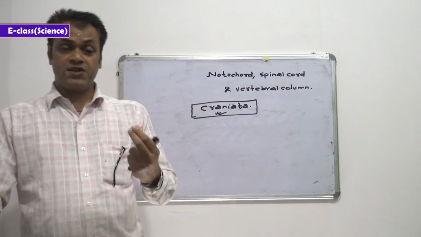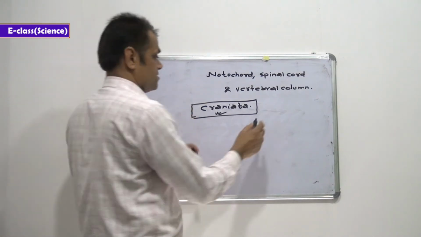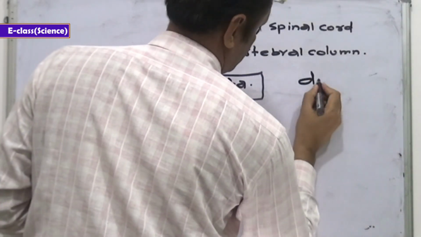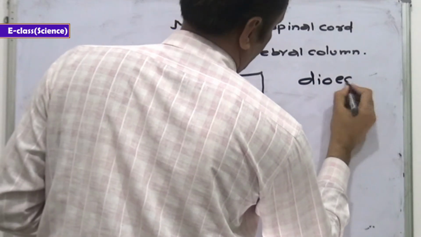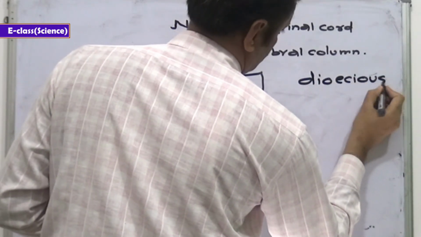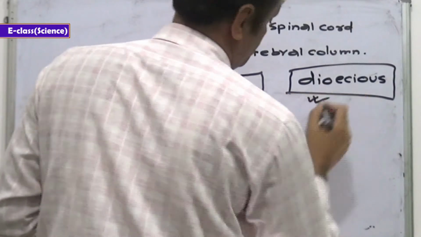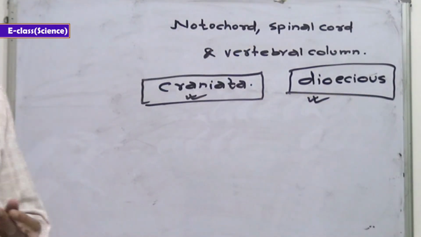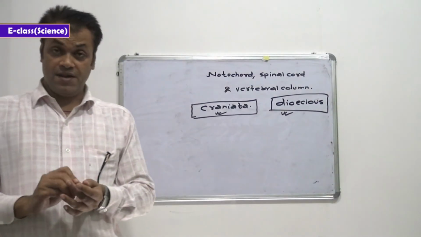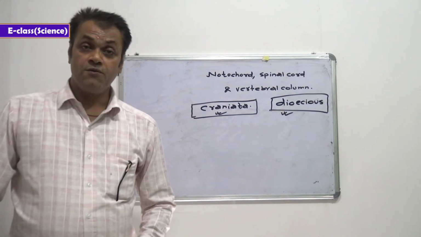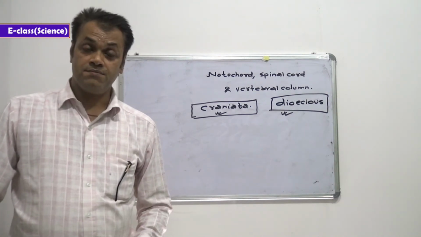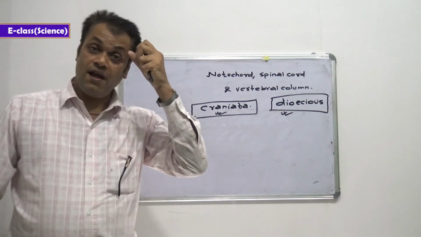Vertebrates are unisexual or dioecious. You have heard the name of this word. Dioecious means male and female reproductive organs are present in two different bodies. That's why we call vertebrates unisexual and dioecious.